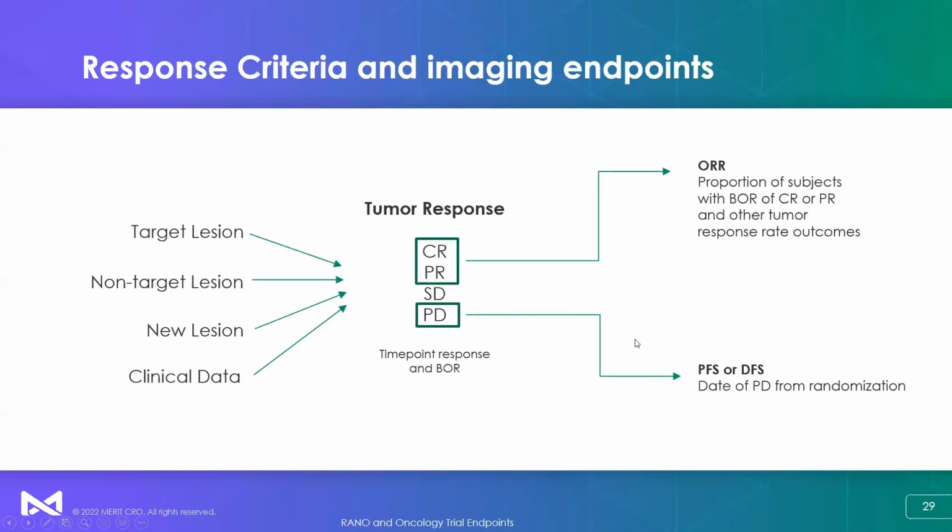Again, in the slide you can see the target lesion, non-target lesion, new lesions, and clinical data contributing to either CR/PR, SD, or PD of a single subject. And the response criteria across all the subjects can contribute to either the ORR calculation or the progression-free survival analysis.